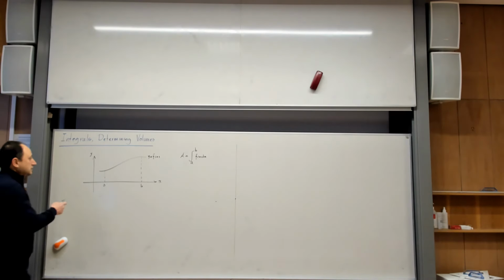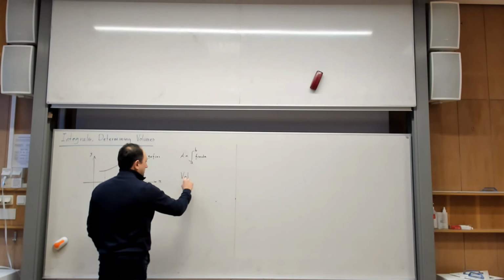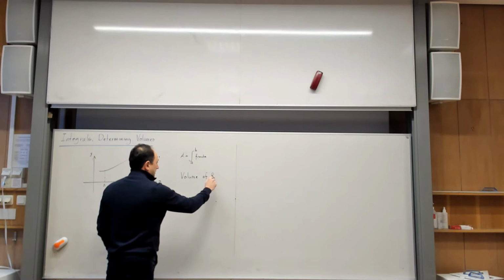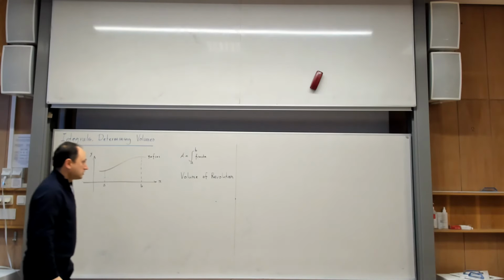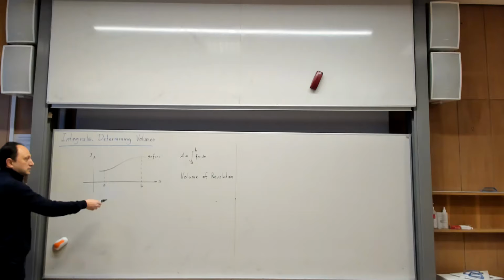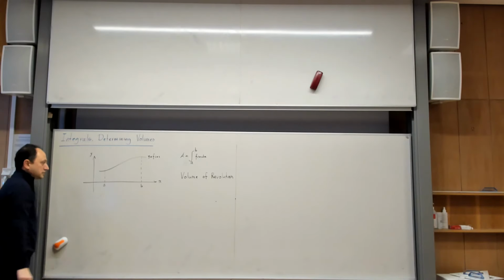That is usually called the volume of revolution, yes? Here revolution means rotation. The solid object that I get, the volume of that is called the volume of revolution. I'm rotating this curve about the x-axis.